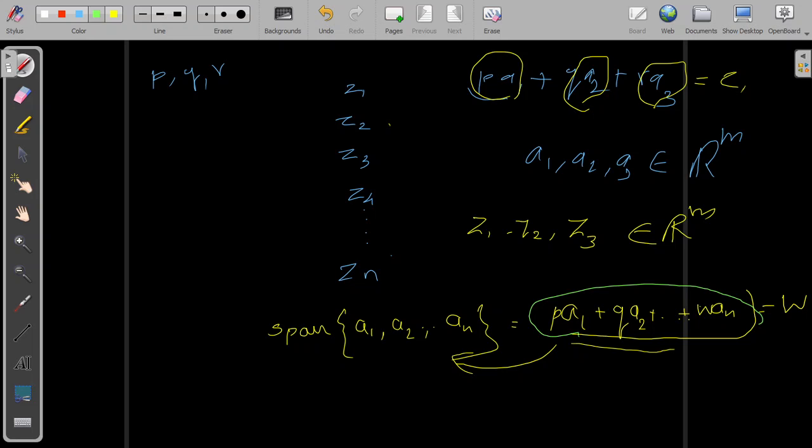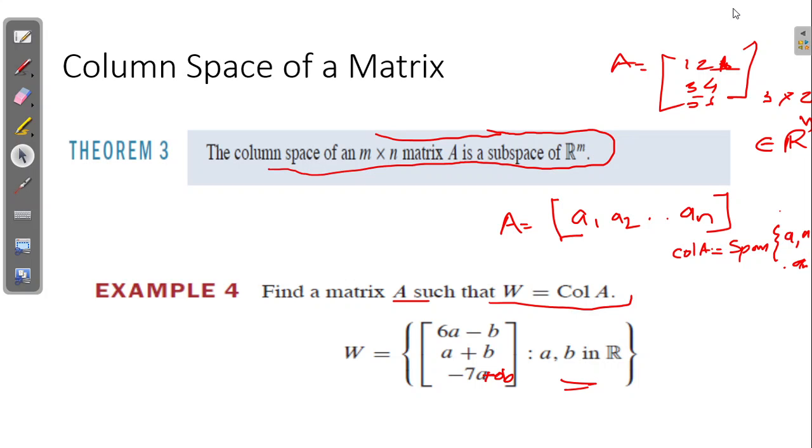Those vectors you put together in a column manner, A1, A2, etc., An, and then you will get matrix A, right? So that is our reverse engineering process, how it works.